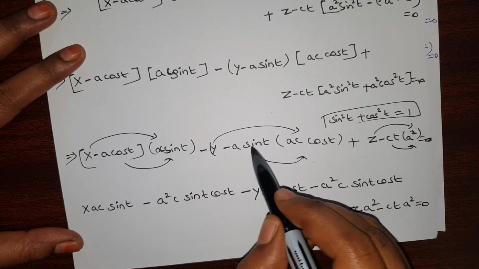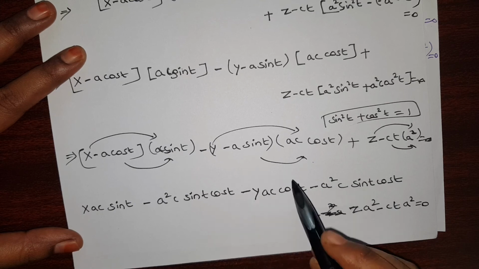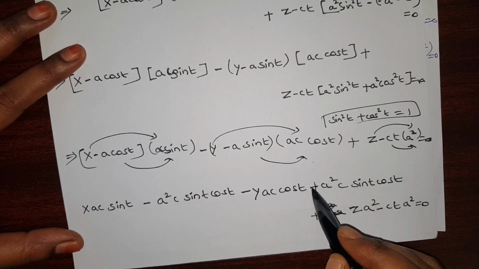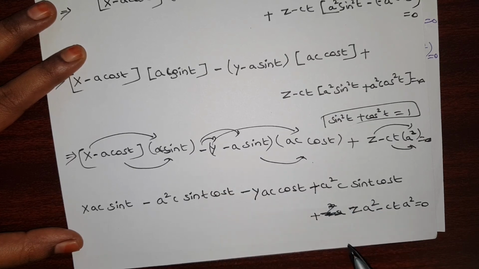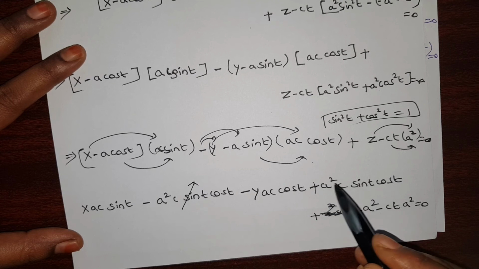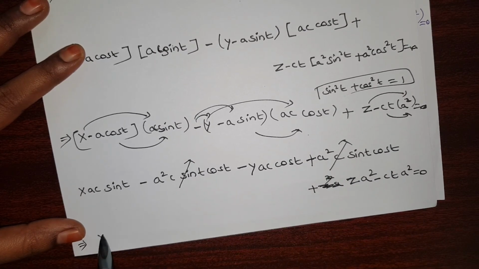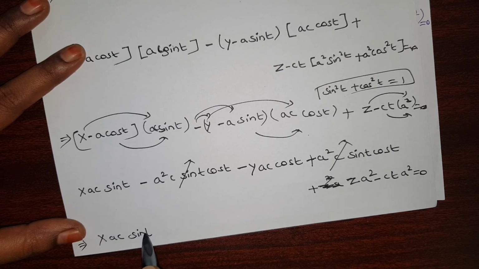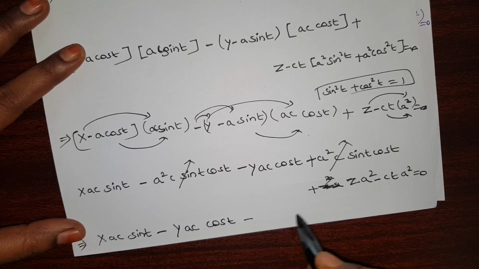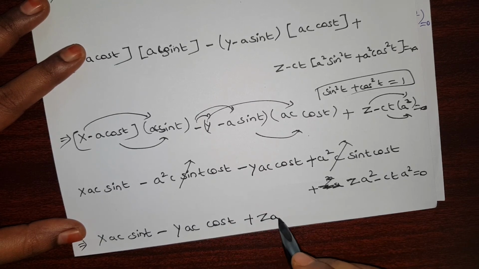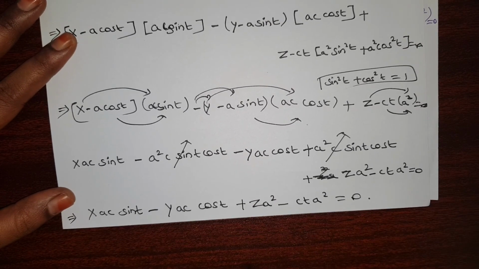Here the plus and minus terms get cancelled. So it becomes x a c sin t minus y a c cos t plus z a square minus ct a square equal to 0. This is our last step.